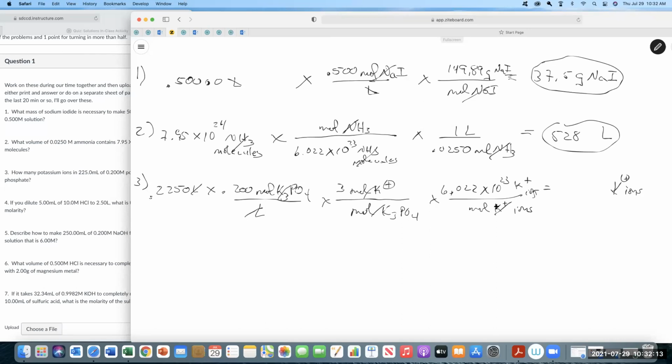And so this one, 0.225 times 0.2, let's make sure I didn't make a mistake, times 3 times Avogadro's number. So this is going to be 3 significant figures, 8.13 times 10 to the 22. Let's move this over here out of the way.